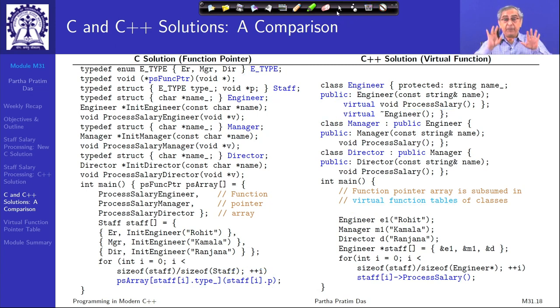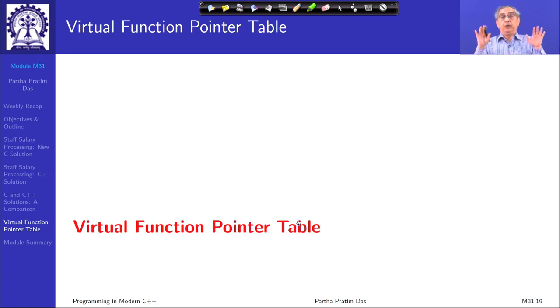So, having seen this parallel, you will now have an idea of how C++ does this polymorphic dispatch, or how it implements virtual functions. Virtual functions are implemented in terms of a virtual function pointer table.